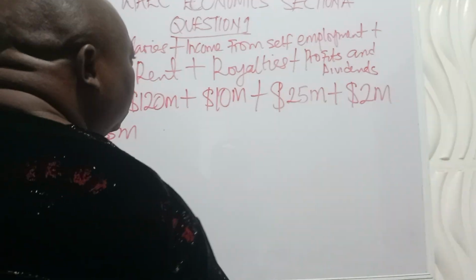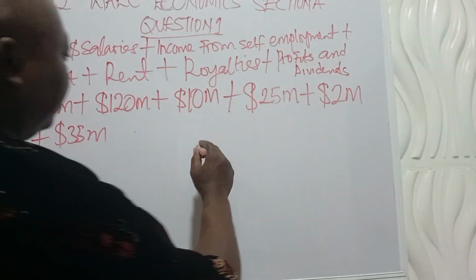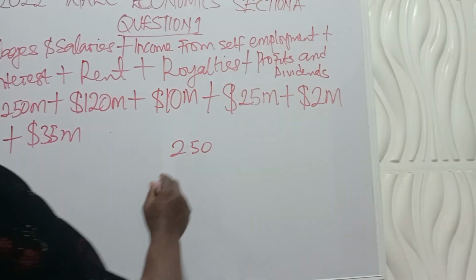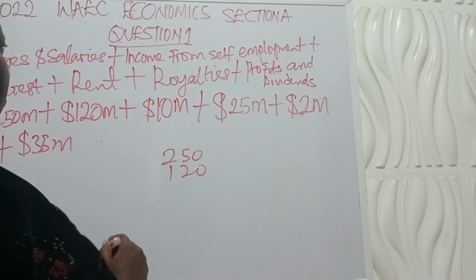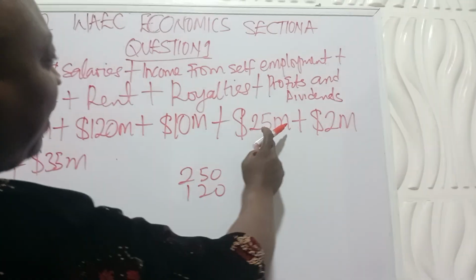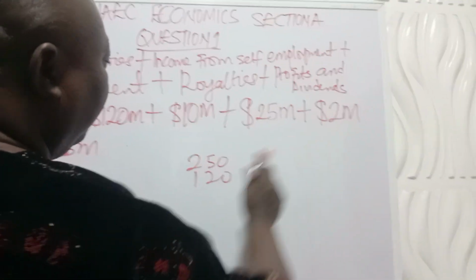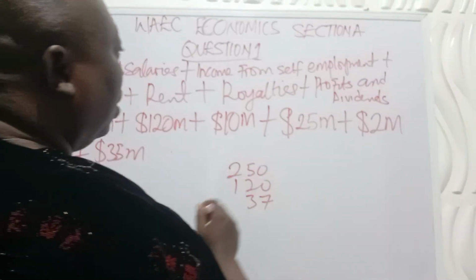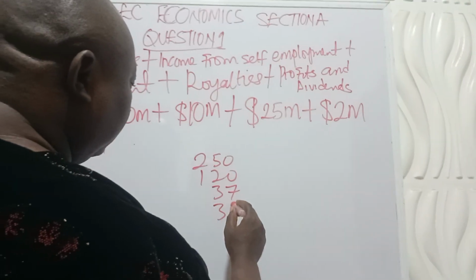Take your calculator. We have 250, we have 120. 10 plus 25 is 35, plus 2 is 37, plus 35.